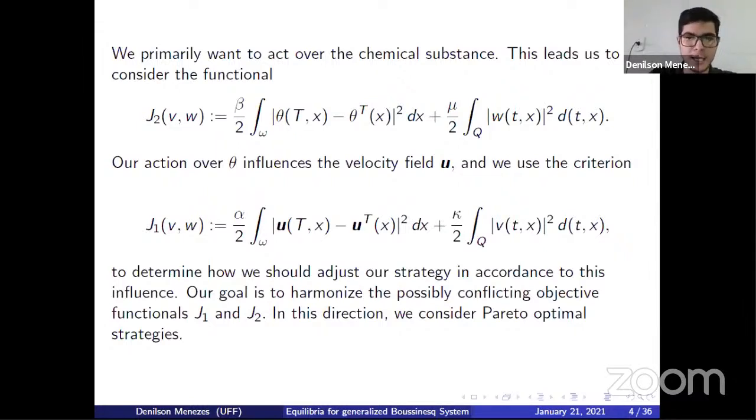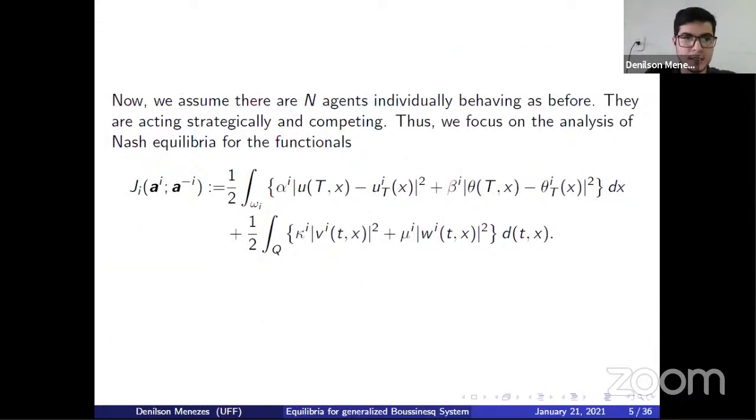So we introduce the second functional J1, and we use Pareto equilibria to harmonize the possible conflict between them. In the Nash equilibria, we consider many agents, and they act like before. And we try to find a Nash equilibrium, and each player has this functional Ji given by this expression.